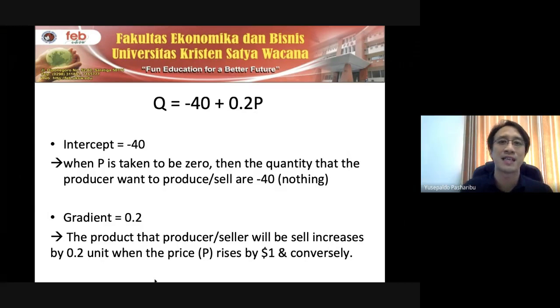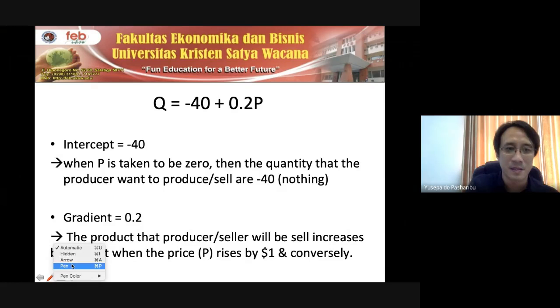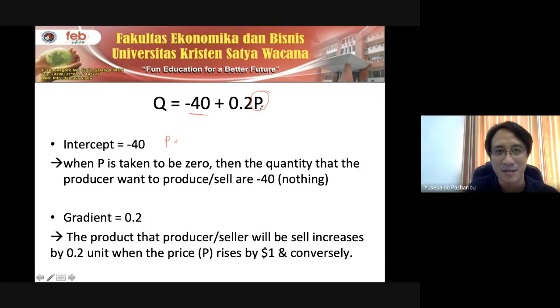The intercept is minus 40. So if P equals 0, the quantity that the producer or seller wants to produce or sell equals minus 40.